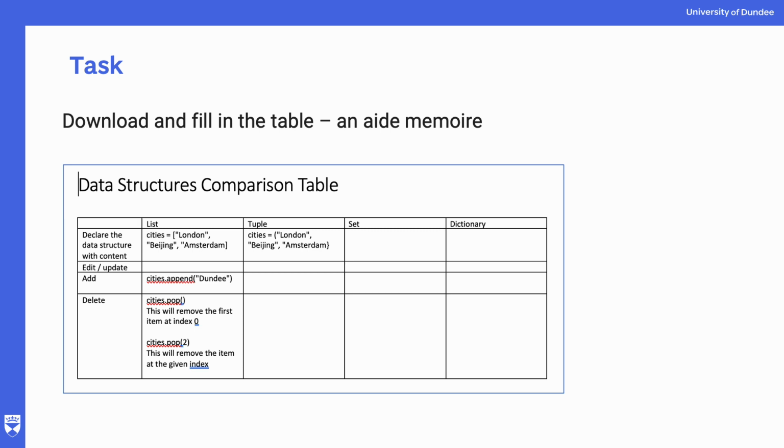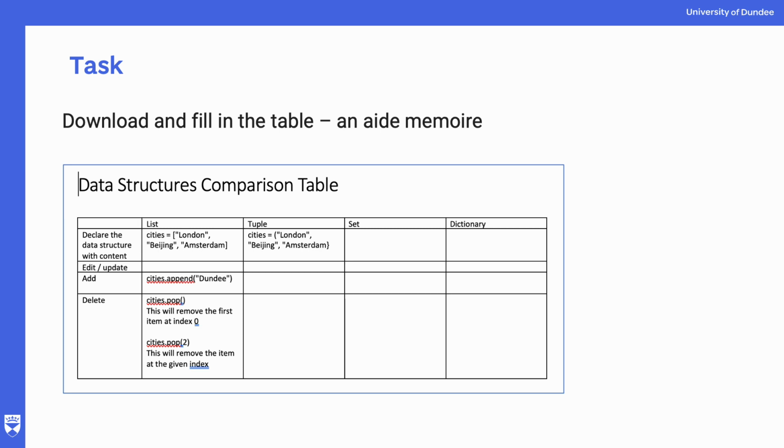So I am aware that that was a reasonable amount of information to take in. There's a lot of things to compare or remember that are different between the two. So there is a file called Data Structures Comparison Table. What I would like you to do is download that table and create your own aide-memoir of how each of these things functions. So we looked at a list, a tuple, a set, and a dictionary.